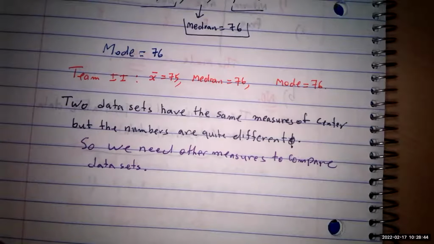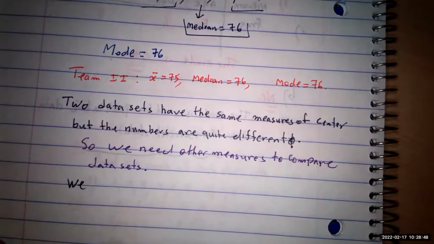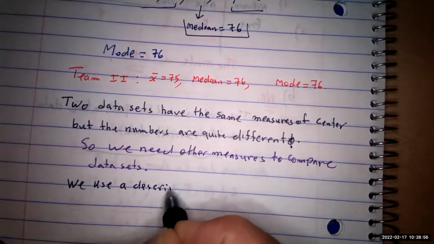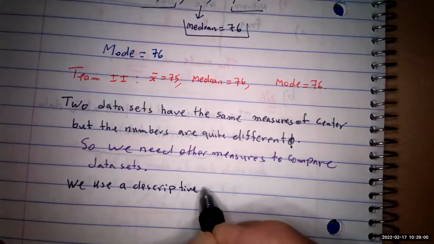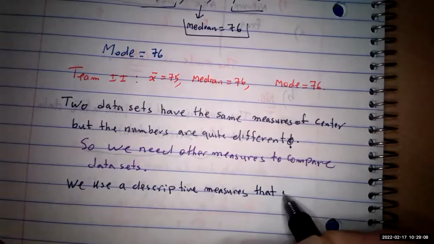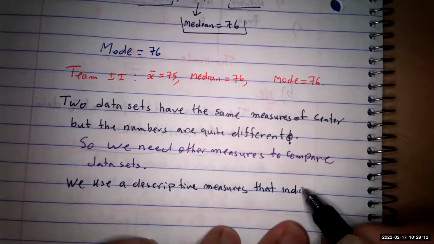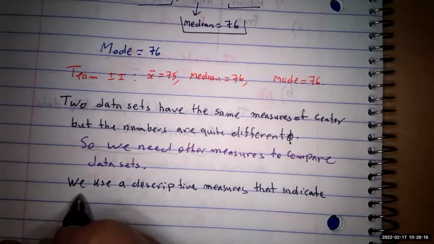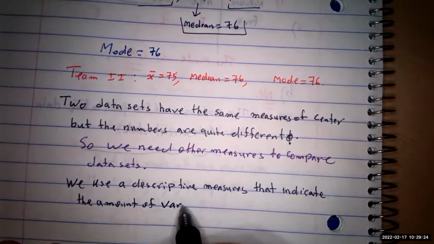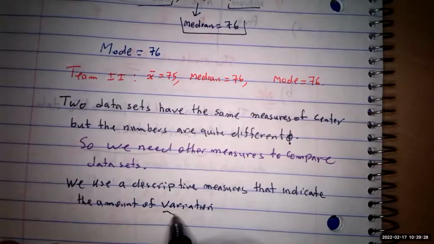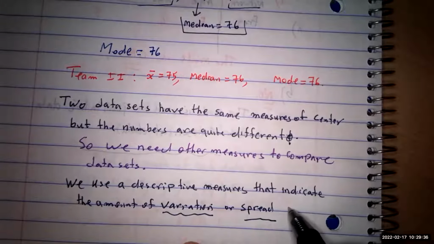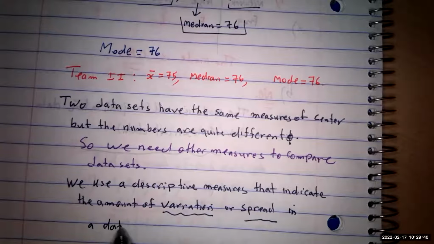So in this section we use new descriptive measures that indicate the spread, the amount of variation among the numbers in a data set.